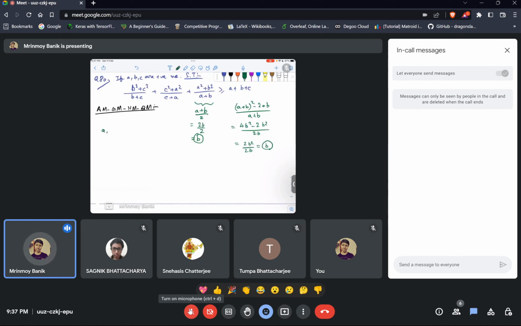So suppose you take the vector (a, b). These are the observations, and you also take the weights as a and b, and then the weighted arithmetic mean is (a times a plus b times b) by (a plus b), which is each term on the left hand side.